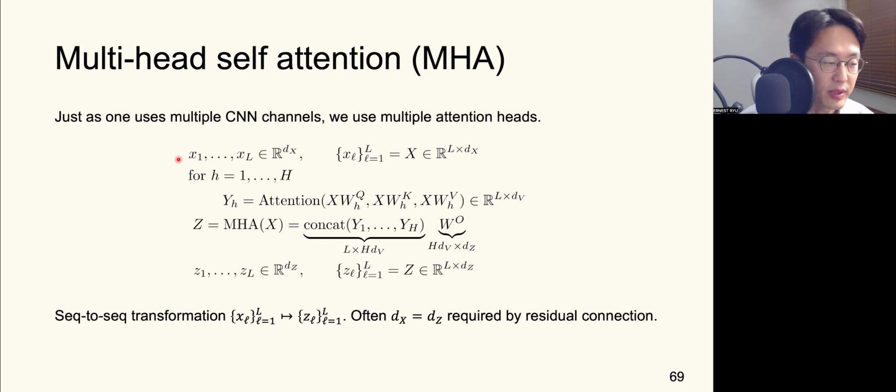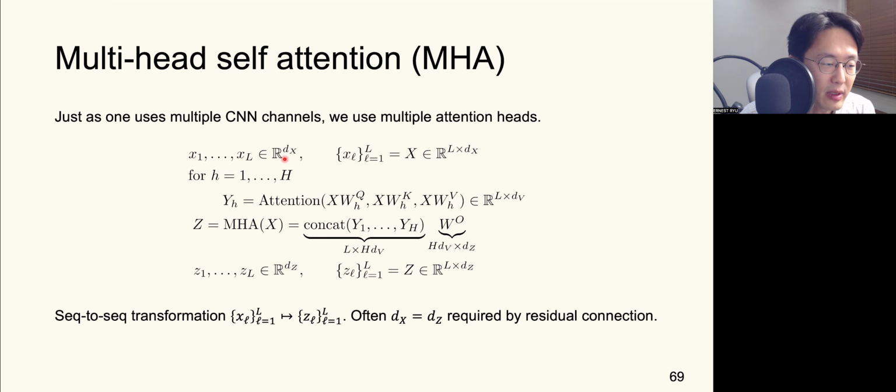Given an input sequence X, you have capital H separate attention heads, each leading to distinct Y outputs. Each output Y sequence will be of length L. Remember, nothing in the transformer ever changes the sequence length. So the sequence length big L is always preserved. Each output sequence will be length big L, and at each position, you will have a length dv vector.